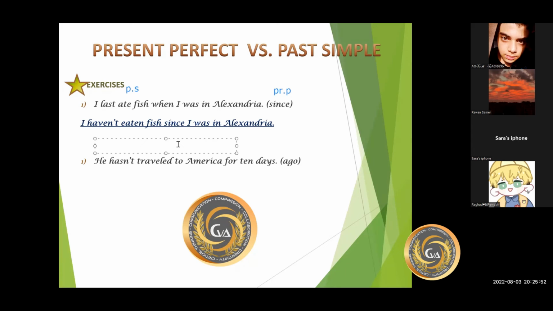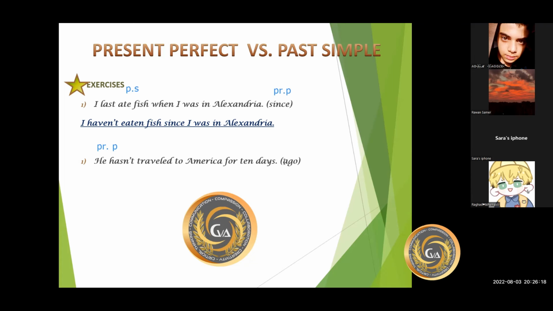Again, sorry. He hasn't traveled to America for 10 days. Is this present perfect or past simple? It is present perfect: has and the past participle, the present perfect structure. And he wants me to put ago.